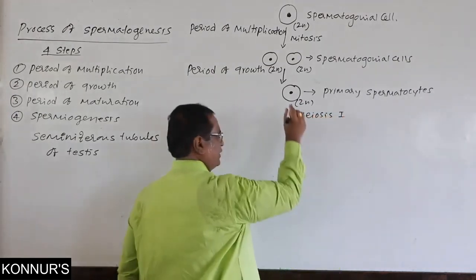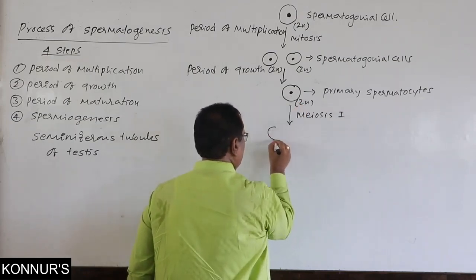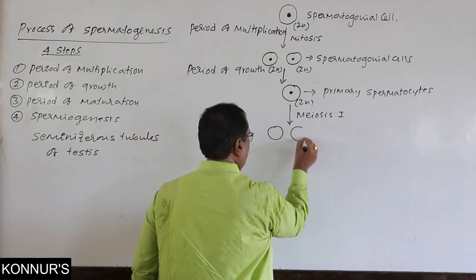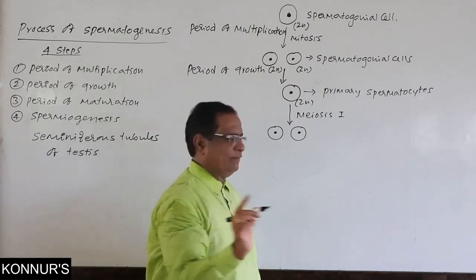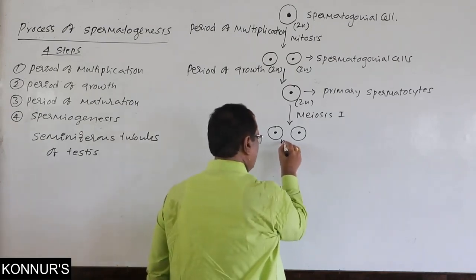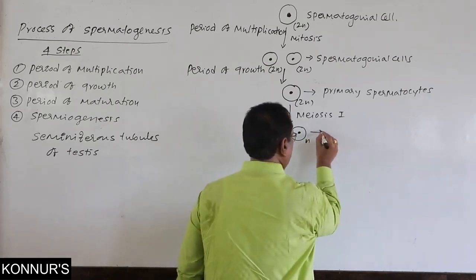As meiosis first takes place, from this primary spermatocyte, two cells are formed. As meiosis first is reductional division, these are haploid in nature.